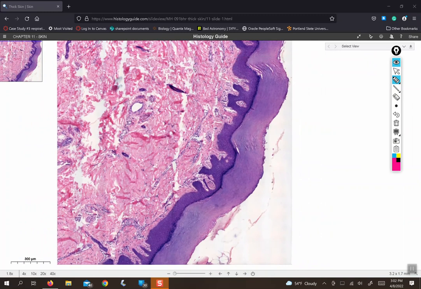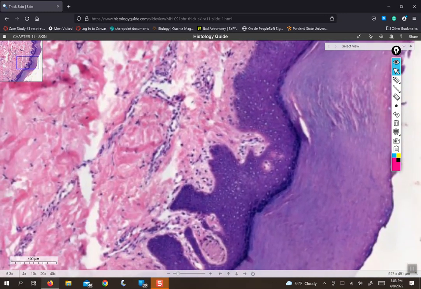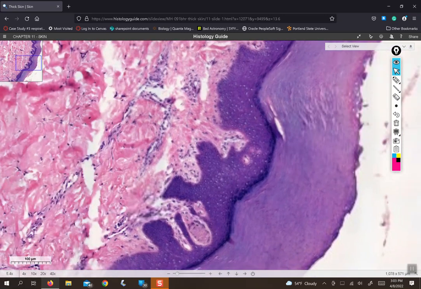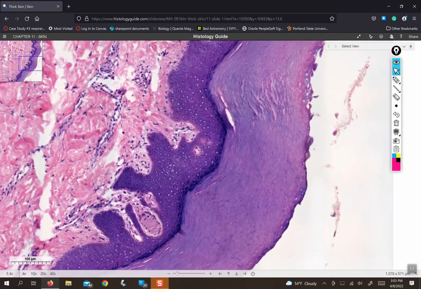However, orientation doesn't matter so much as being able to find the apical surface. For histology guide, this is a really nice piece of thick skin. I chose it because it has a lot of the features that I want to show you, but it's on its side. So just keep in mind the terms up and down are relative, and it's important to bear that in mind when you're analyzing and looking at histology.